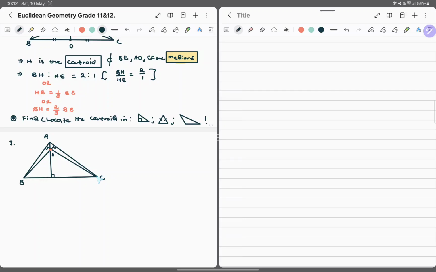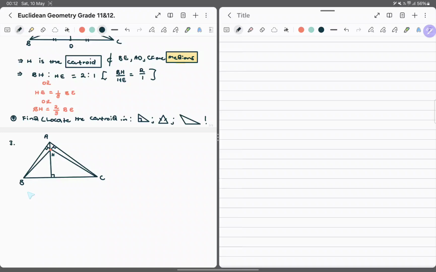It is a line from the vertex of a triangle perpendicular to the opposite side. Just perpendicular. We don't care about how it cuts the opposite side.